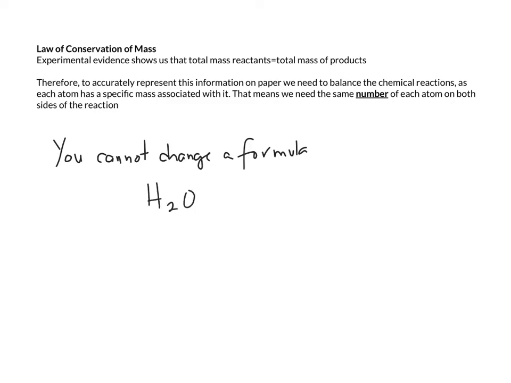This number is called a subscript, and it will stay in the chemical formula. You don't change it. The only thing you're allowed to do when you're balancing is multiplying with coefficients. And a coefficient is a number that you place in front, and it will multiply all of the atoms directly following it.